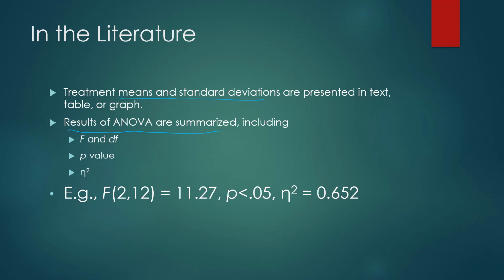So you would have a sentence describing that the results of the analysis of variance showed a significant difference, and then you'd write, here you're telling what statistic you're doing, your degrees of freedom between, your degrees of freedom within, this is your calculated F value, this is the p value, the alpha level that you chose, and this is your partial eta squared. This is your effect size.